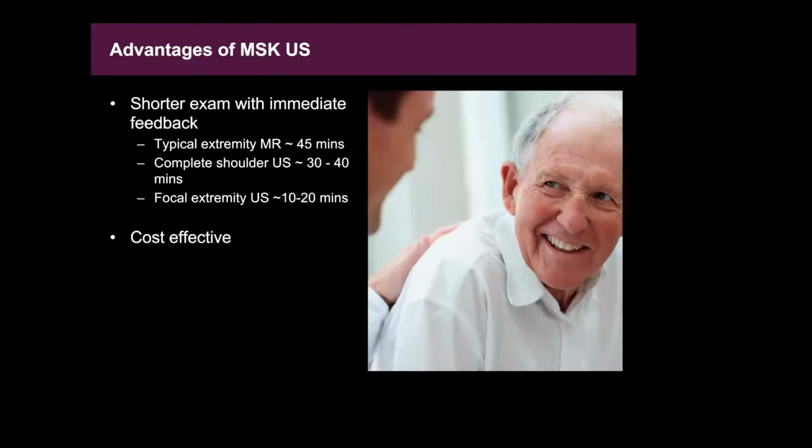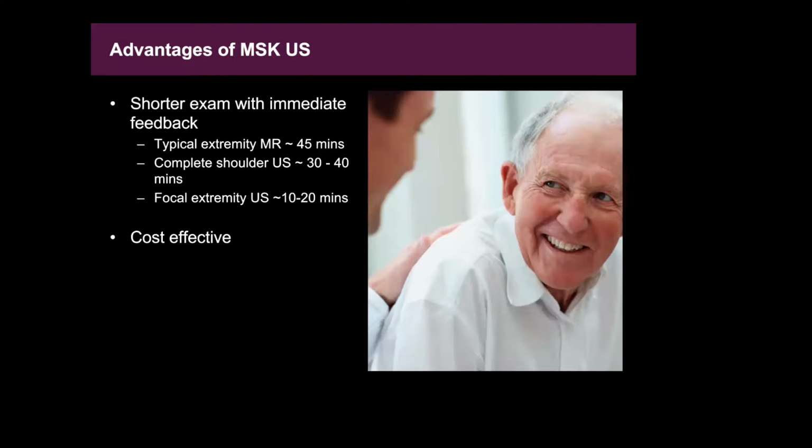They can also be a shorter examination where we can provide immediate feedback. As an example, a typical extremity MRI takes about 45 minutes. And a complete shoulder ultrasound takes about the same amount of time as a typical MRI, so we're not really saving a lot of time there.